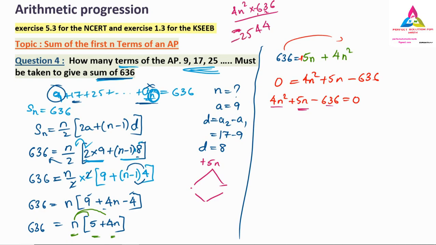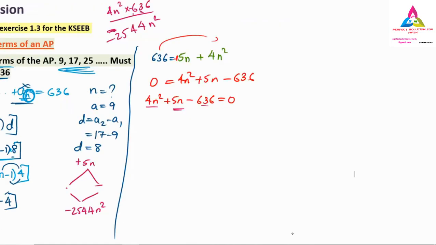So minus 2544 n square. It seems like a big number, yes, but we have to find the terms using this only, that is minus 2544 n square. So when you multiply, you must get minus 2544 n square, and when you add, you must get plus 5n.